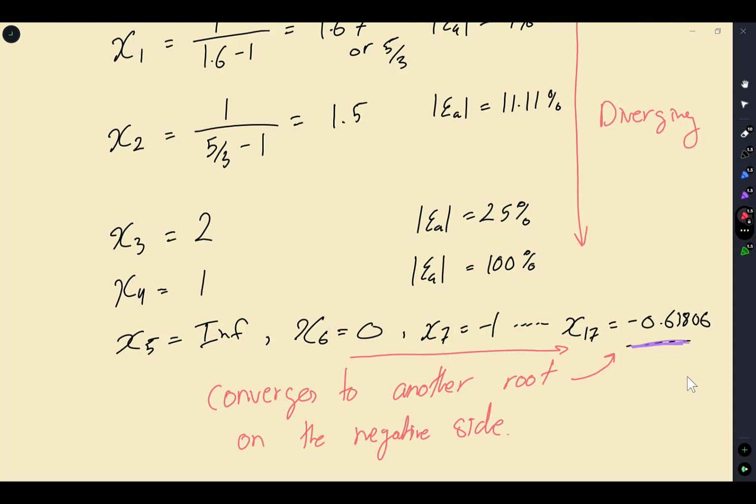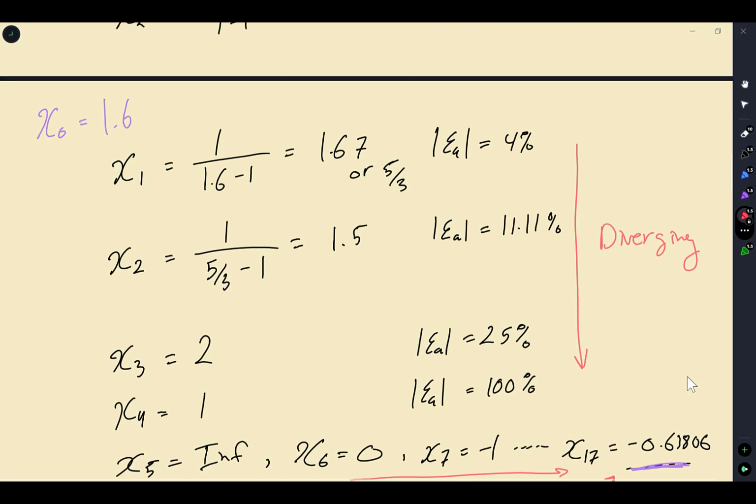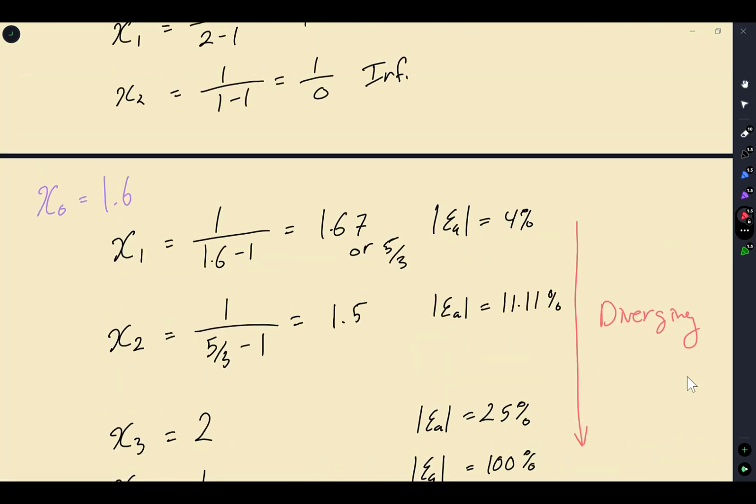Sometimes having a negative root does not make sense in your engineering problem. So in a sense, you don't really want that value. But in another problem, you could be looking for a negative root, but in that case, you probably don't want to start with a positive guess for your root.